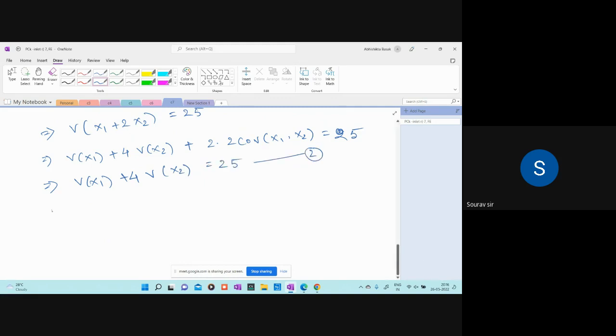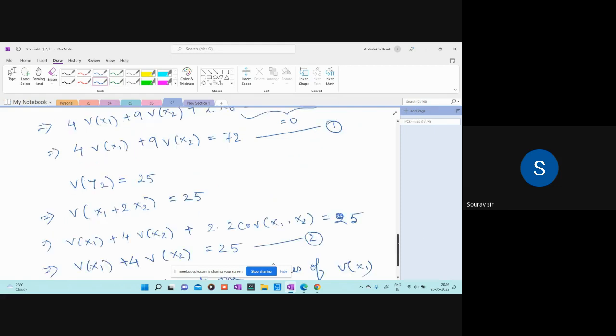Now I have to solve 1 and 2 to get the values of variance of X1 and variance of X2.